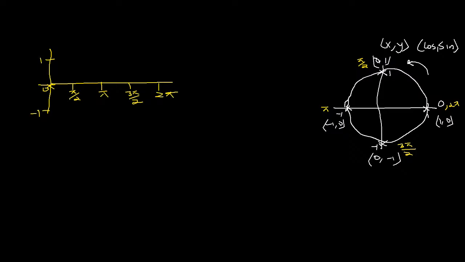So we get from 0 here, and then we go to pi over 2, y is 1. So we come over here. Then we go to pi, we get back to 0, y is 0. Then we go to 3 pi over 2, we get -1. And then at 2 pi, we go to 0 again. So now let's join this together and see what we have for our graph.